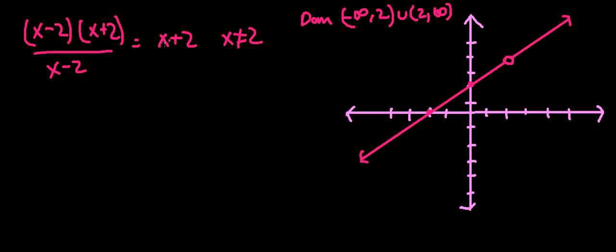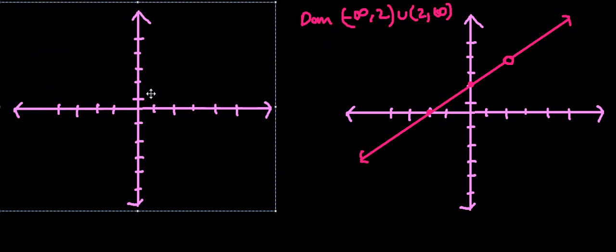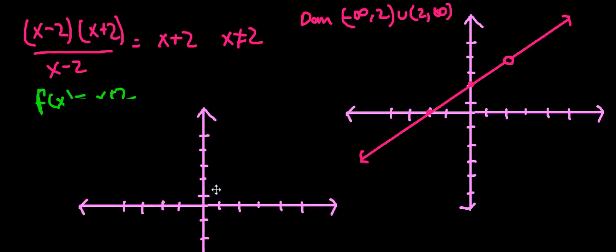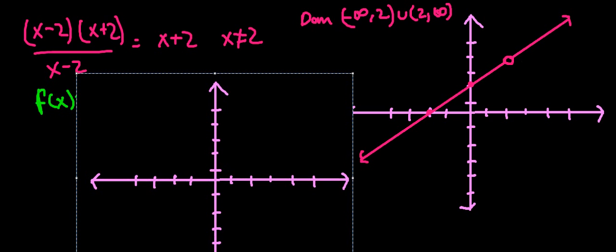Now let's graph x plus 2. Let me do it in a different color. Just to compare these graphs, f of x is equal to x plus 2 with no restriction on the x. There's no x cannot equal 2. Oh, well, I'm not going to have a lot of space.